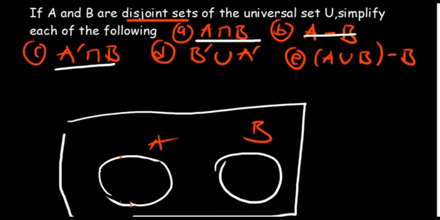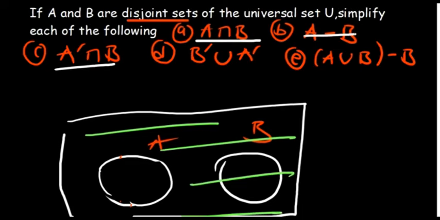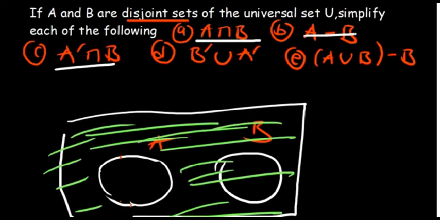A complement means you are interested in the region outside A. So I'll shade the entire region outside A. Then we are trying to intersect it with B.